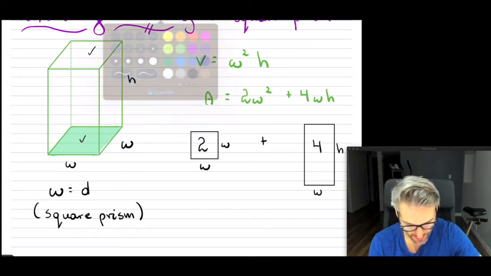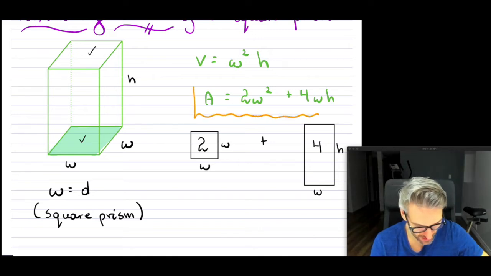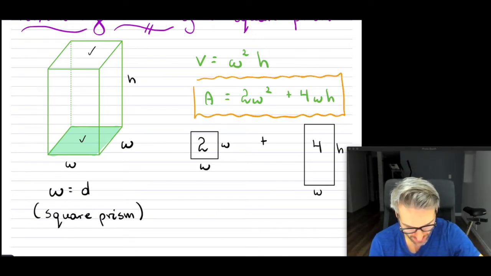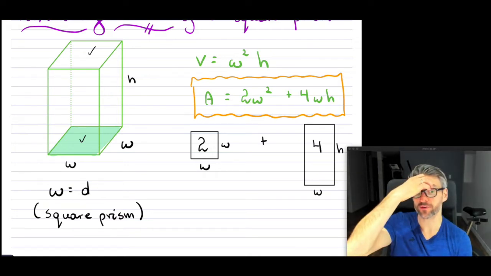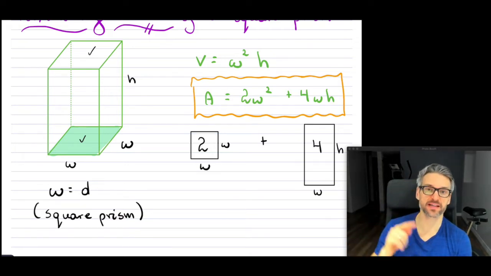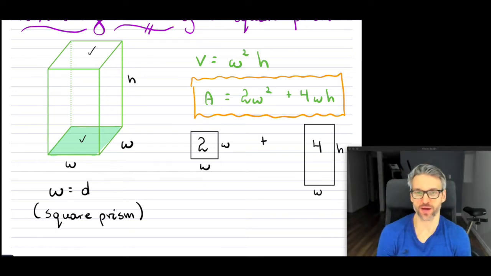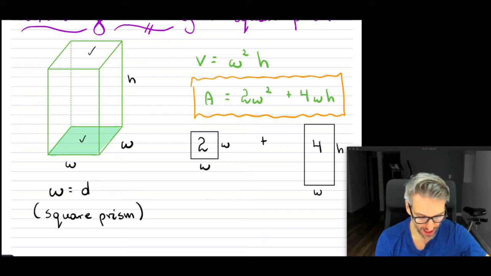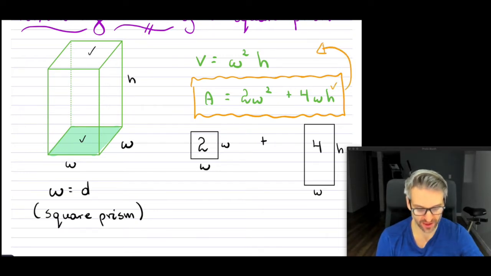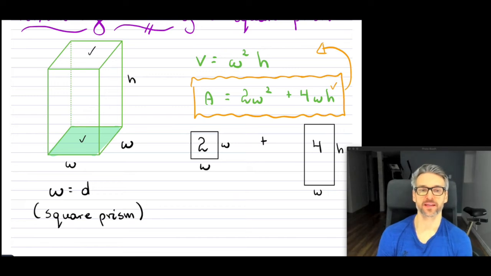In this case, our area is given, so we know what the surface area is. Then I isolated for one of the variables, and substituted it back into the other equation. So here I'm going to isolate for h, and then substitute for h into this equation, and what that will do is get rid of h, and all I'm going to have is just w.